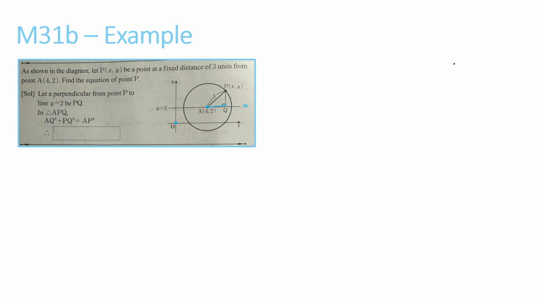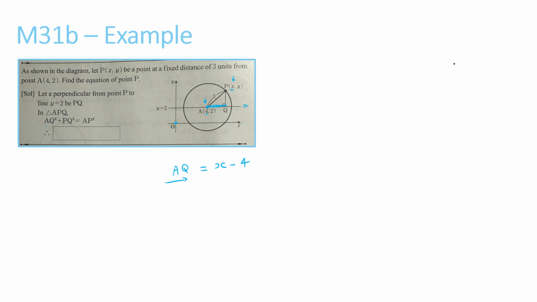We can look at the x points, which are 4 and x. And to get the length AQ, it's literally just x minus 4, because you minus this here from that here, and it will give you the leftover length, which is the middle part here.